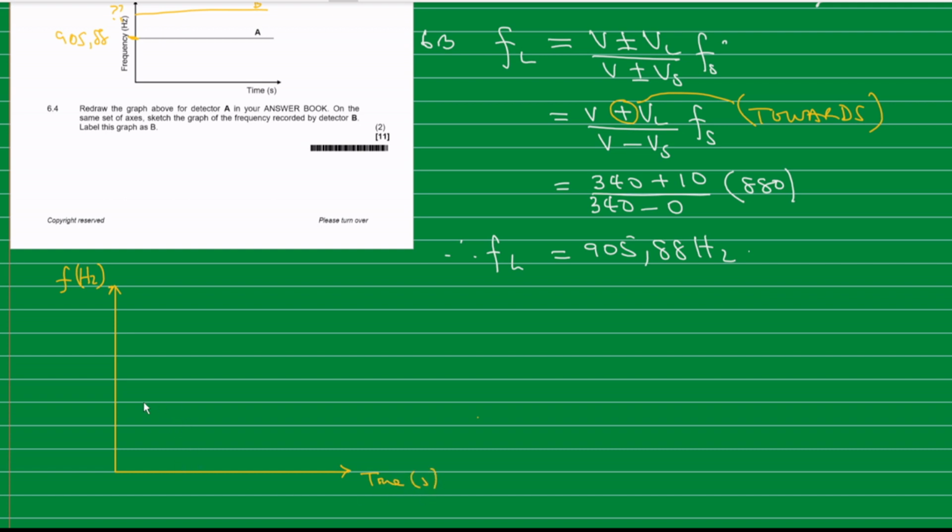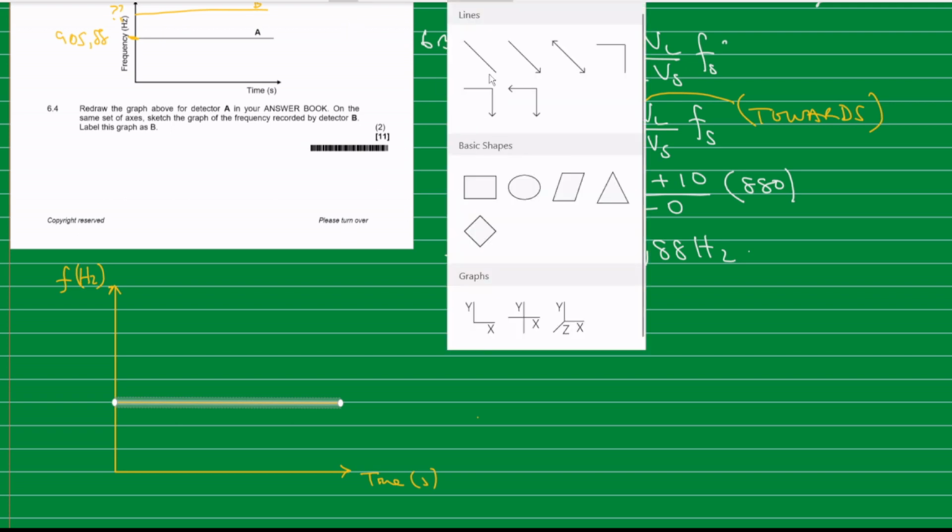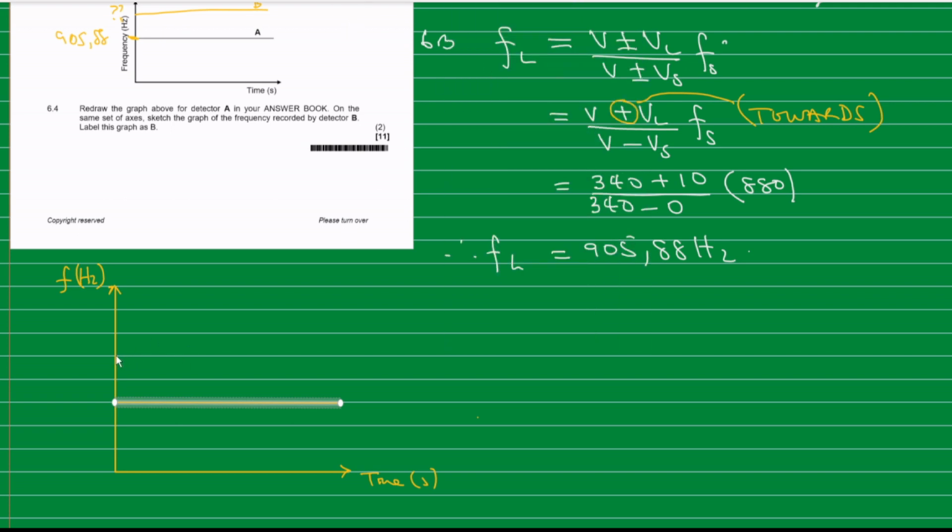What we are going to have is A, as it is requiring us to redraw there. So A is this one, and our B is also going to be a little bit higher. We'll draw a higher line there. As stated, this is our A and that will be our B.